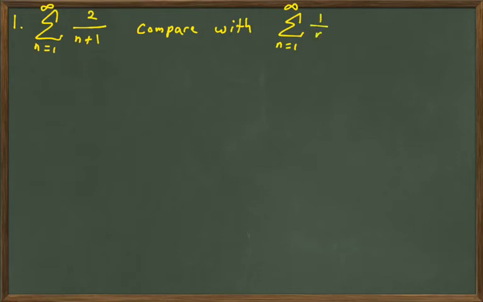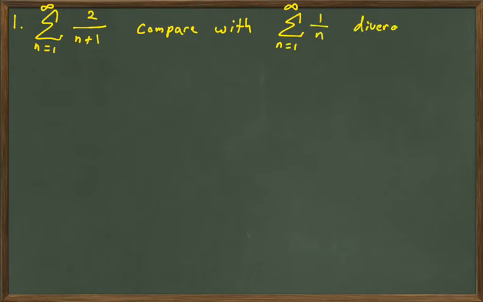Okay, all right. So we're going to look at the sum n equals 1 to infinity of 2 over n plus 1. And so this is kind of like the harmonic series 1 over n. So we're going to compare it with the harmonic series, sum equals 1 to infinity of 1 over n.